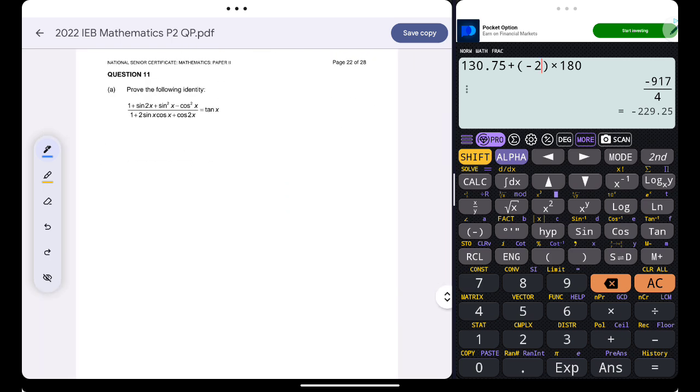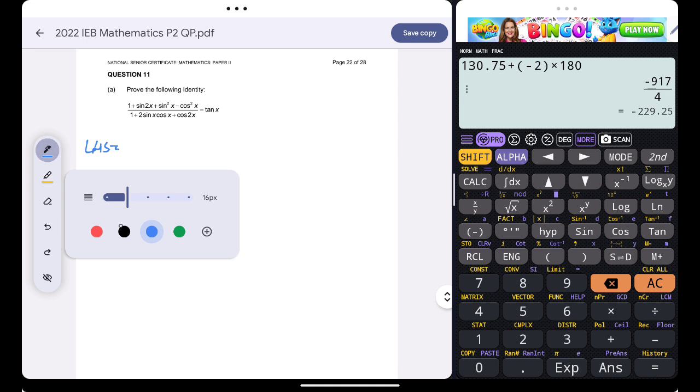Okay, let's prove this identity. I have 1 plus sine 2x plus sine x minus cos x. On the left hand side, right?